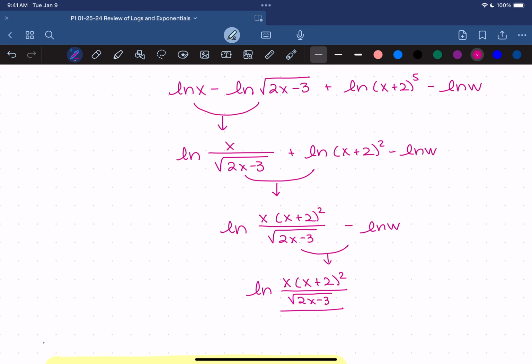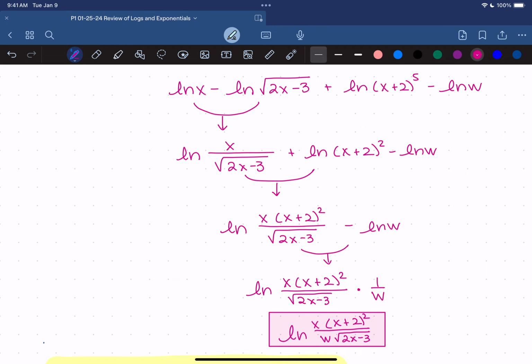Now that would be divided by w, the whole thing, just the argument, I should say. But instead of dividing by w, I can multiply by the reciprocal, and that will simplify it a little bit. So I'm going to multiply by the reciprocal and get this, and then I get my final answer. And in the bottom, I would have w times the square root of 2x minus 3. And there is my answer.